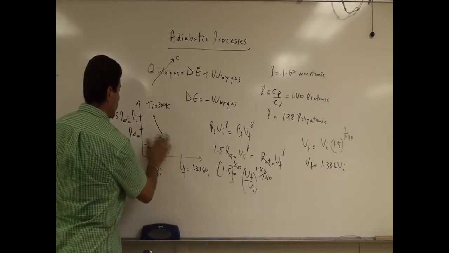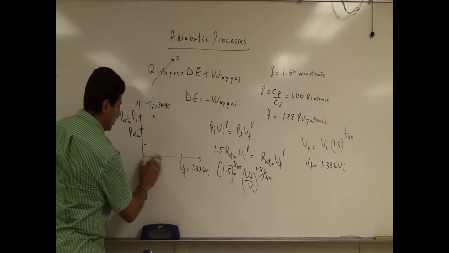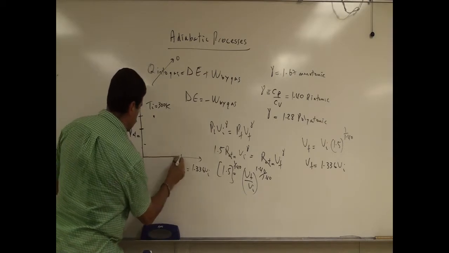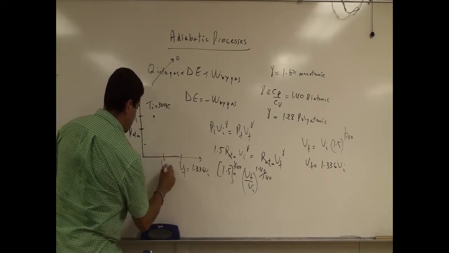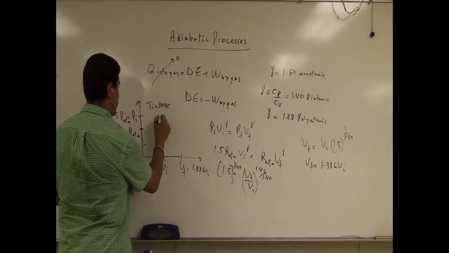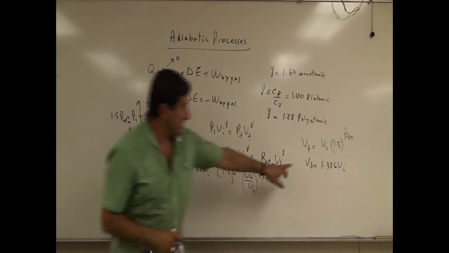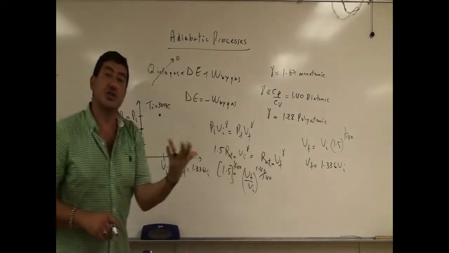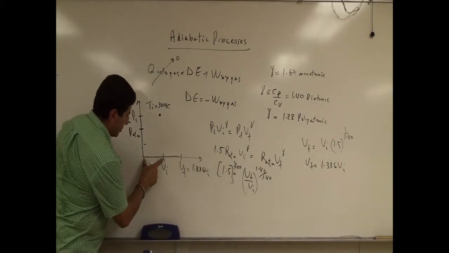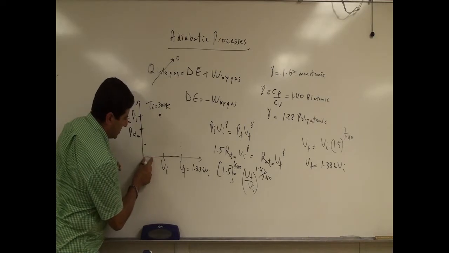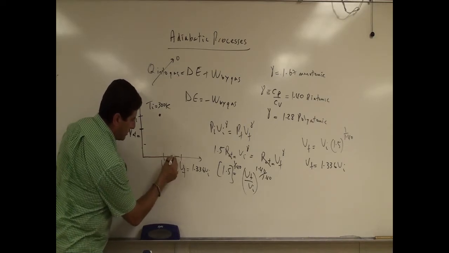And then the initial volume, if this is the initial volume here, this is V initial. So the final volume would be what? 33% larger than the initial volume, right? So about 30% would be like this. So V final would be about here.